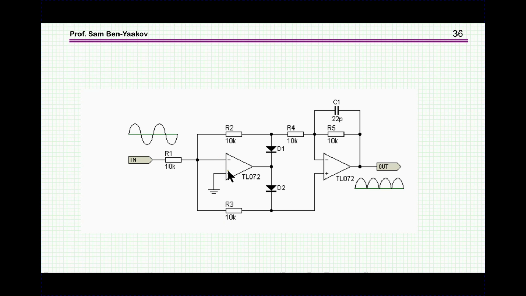The difference between this and the one I've shown before, this is a full wave precision rectifier, is that rather than having a half-wave rectifier and then adding the input, actually here there's a rectification of the positive and negative half waves, and then adding the positive and the negative via this amplifier. I'm not going into all the details here. I'm sure that you can figure it out by yourself.